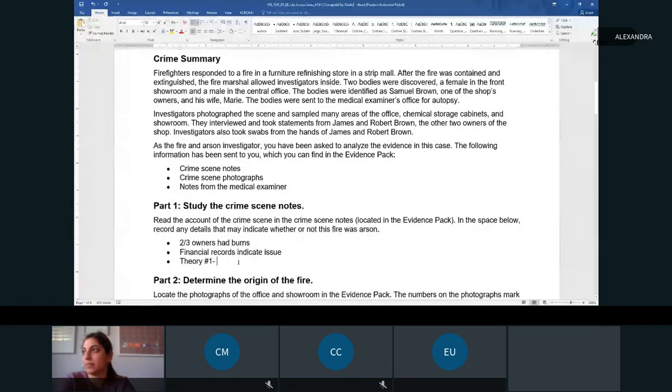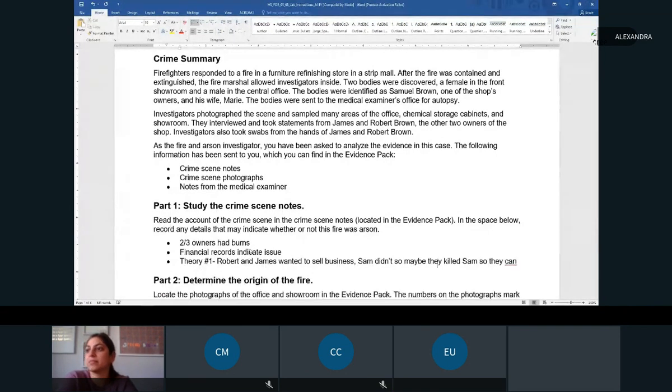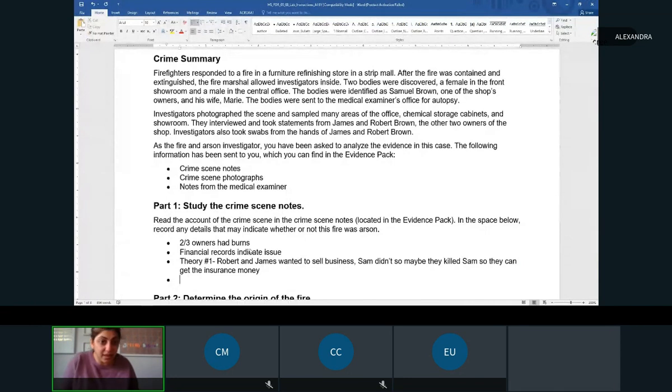And so they killed Sam and his wife so that they wouldn't have to deal with fighting with their brother to try and sell the company, or be responsible for liabilities from having something burned down. All right, that is theory number 1.